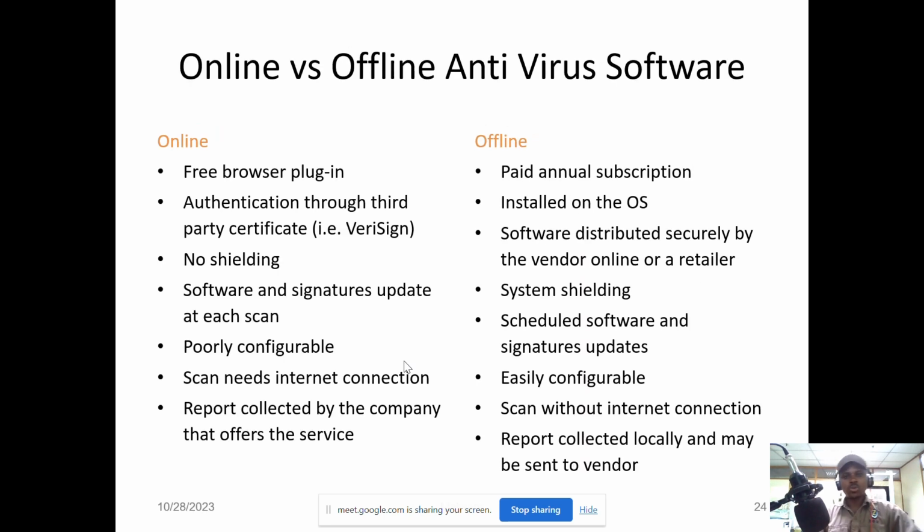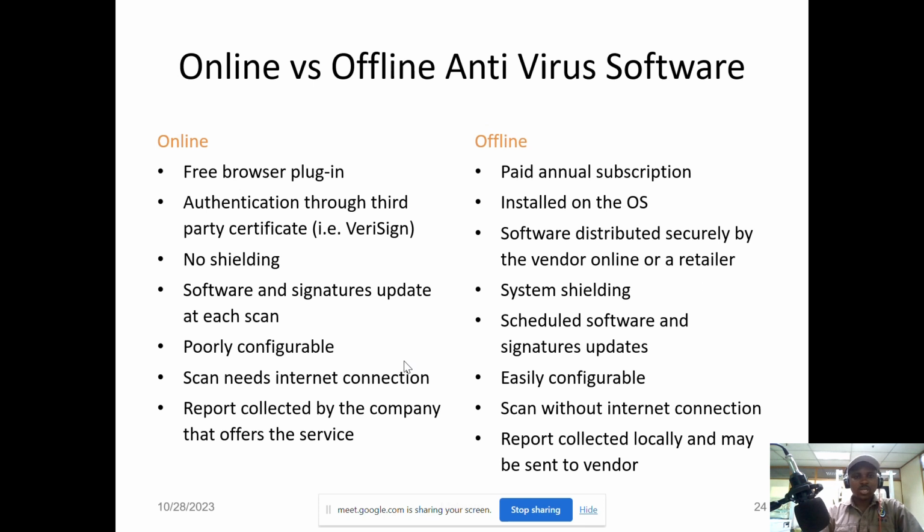Then there's also the online antivirus software as well as the offline antivirus software. I think it's self-explanatory. On the online side, mostly you have a free browser plugin. When you're searching through the internet, there will be a plugin on your browser, which will be checking the websites that you are visiting, maybe also the files that you are trying to download or that you are downloading.